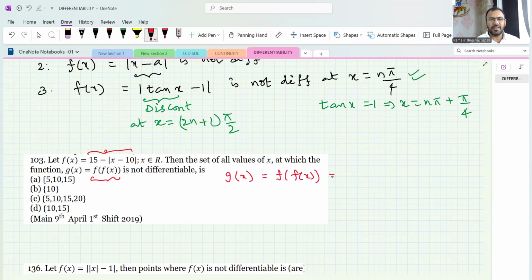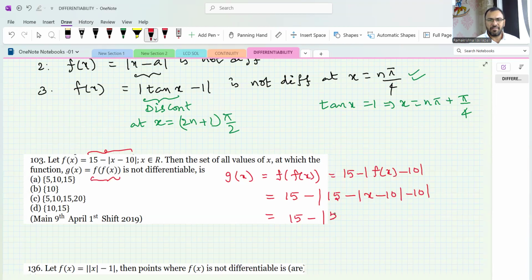In the function, in place of x, I'll write f of x: 15 minus modulus of f of x minus 10, again putting f of x, which is 15 minus modulus of 15 minus modulus of x minus 10 minus 10. This simplifies to 5 minus modulus of x minus 10.